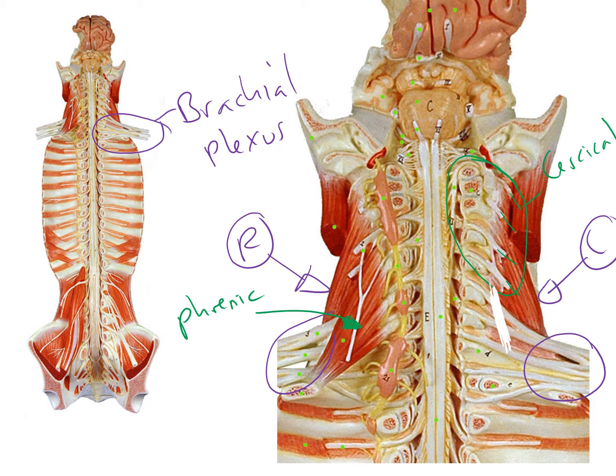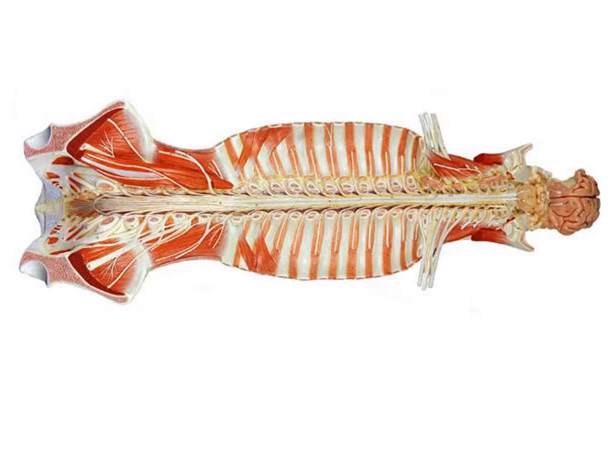Let's go ahead and look at this model again. I've turned the model on its side so I can blow it up a little bit. Keep in mind that the right side of your screen is the superior end of the model. We can see the brain right there. And the left side of the screen is the inferior end of the body.